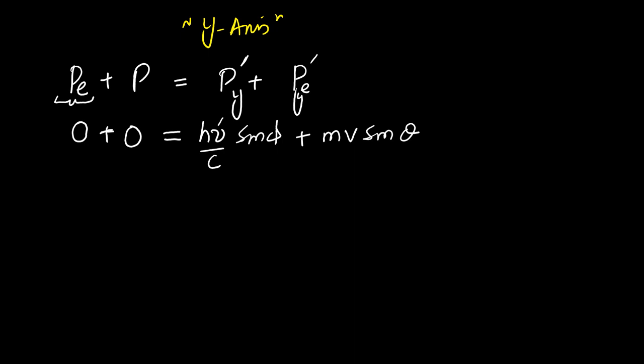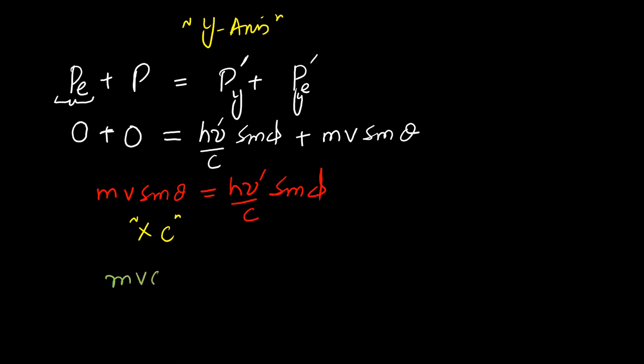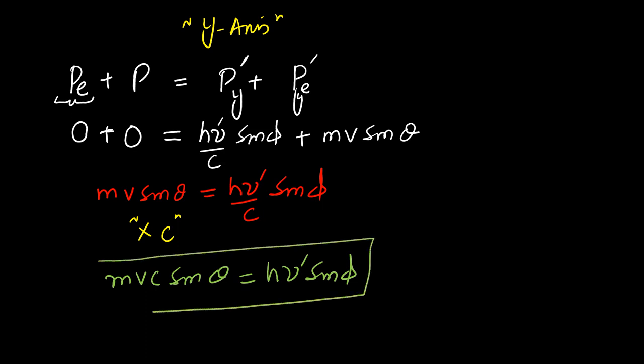So now we can write this equation as mv sine of theta is equal to h nu prime divided by c into sine of phi. Now we multiply c with this equation and get a new equation: mvc into sine of theta is equal to h nu prime into sine of phi. Let's say this is equation number 3.